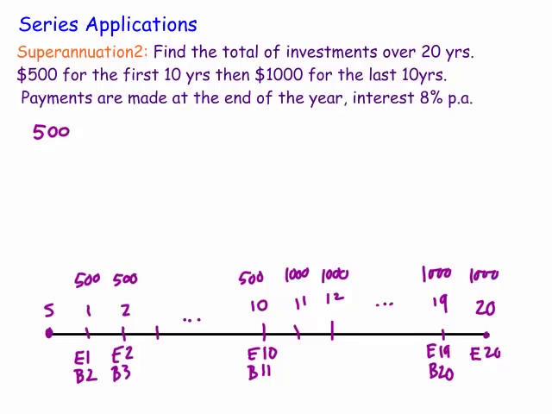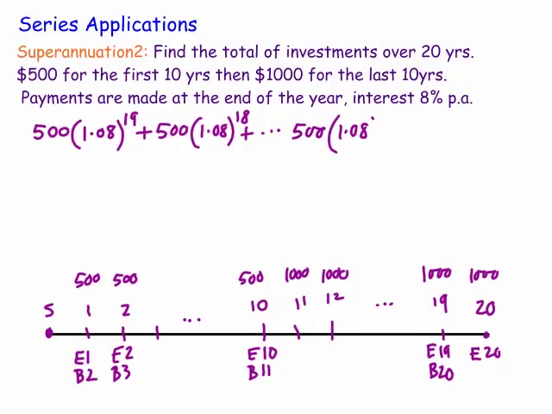The first 500 will go through for 500 times 1.08 to the power 19, plus 500 times 1.08 to the 18, and the last one will be 500 times 1.08 to the power 10.